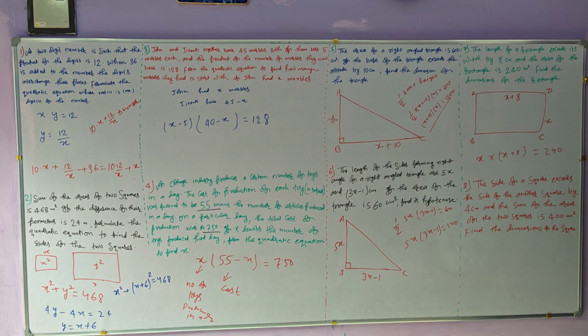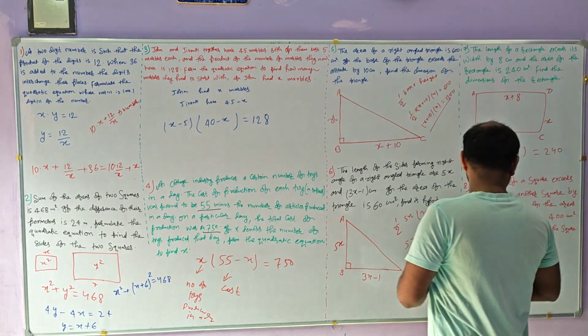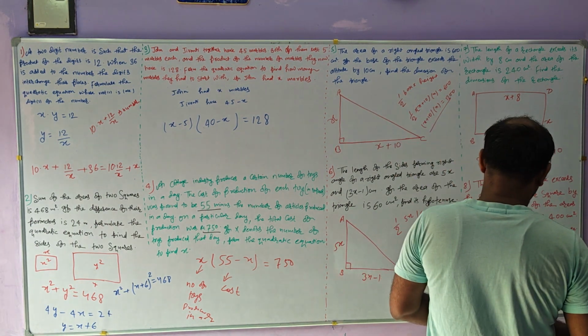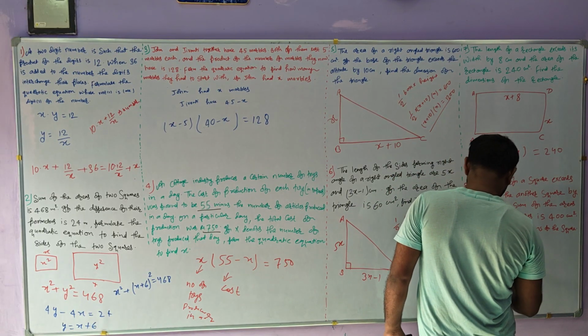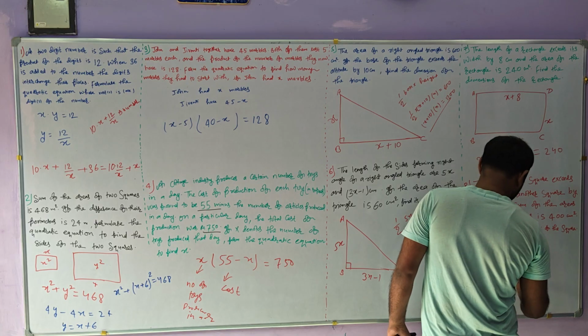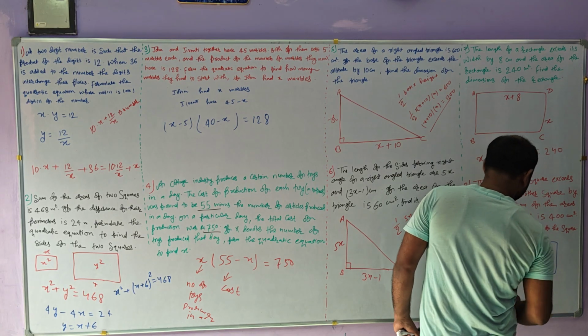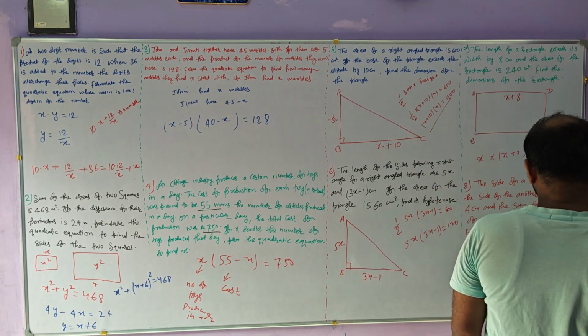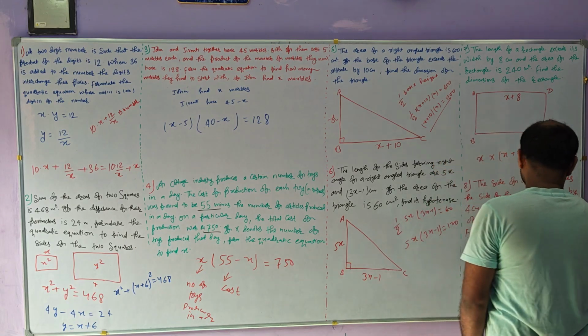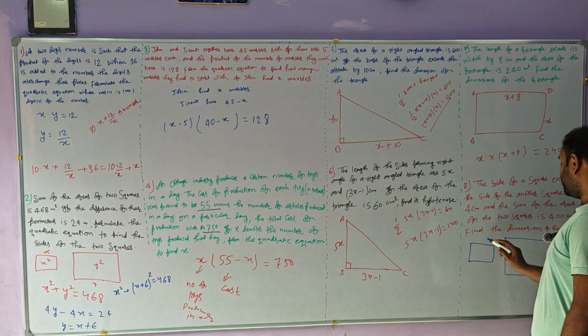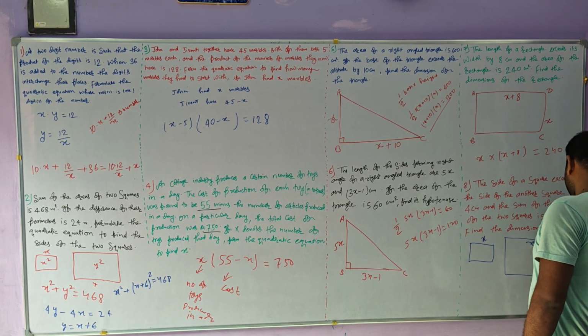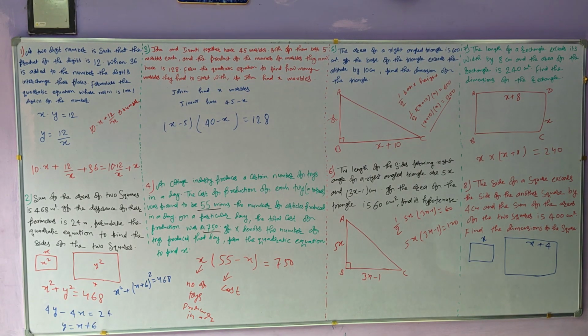The side of a square exceeds the side of another square by 4 centimeters. Let me draw the two squares. Suppose one side is x, then the other becomes x plus 4.